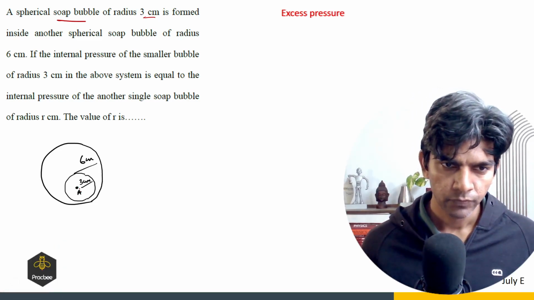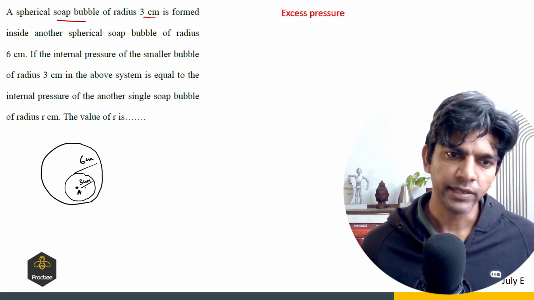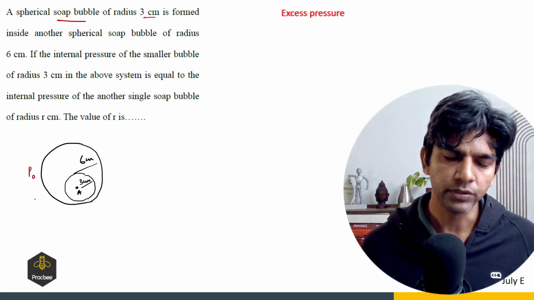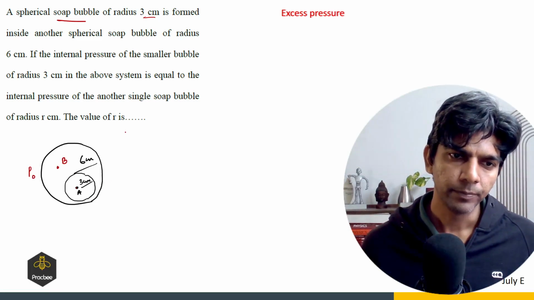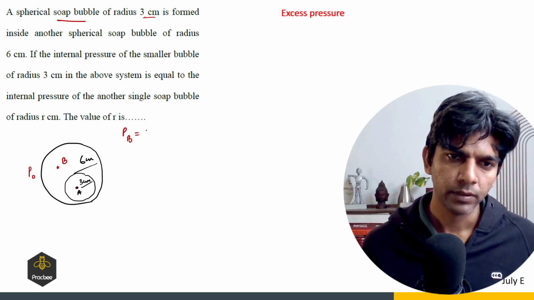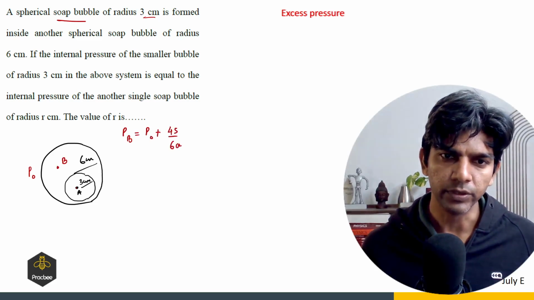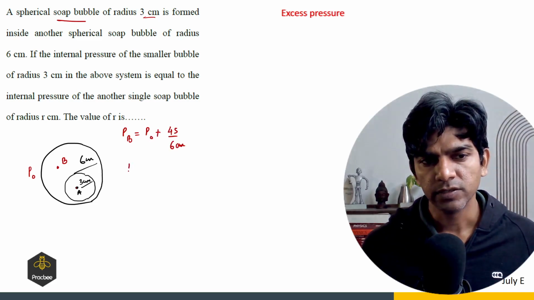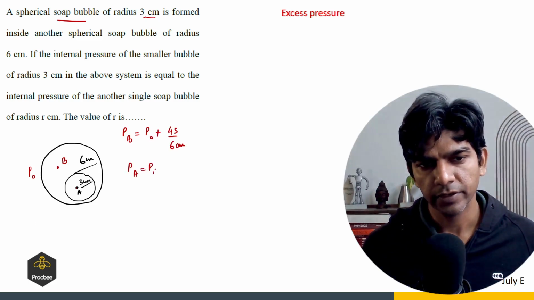So first let us find the excess pressure at A. Let us say outside pressure is P naught. At B, pressure at B will be P naught plus 4S by 6 centimeter, right? Whereas pressure at A will be greater than pressure at B by 4S by 3 centimeter.